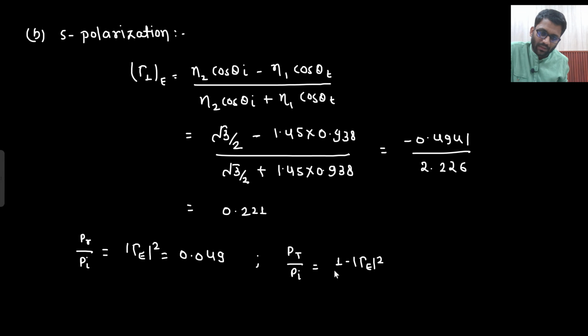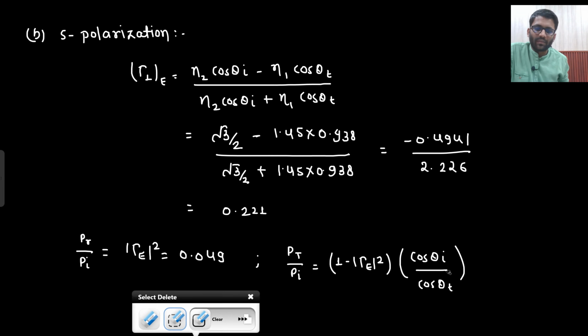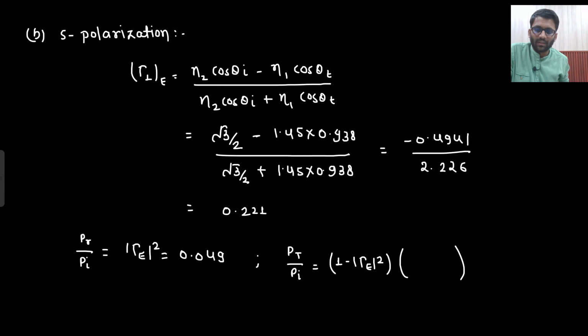1 minus gamma e square, then here cos theta i divided by cos theta t. What is my cos theta i? Cos theta i is root 3 by 2 and cos theta t is 0.938.